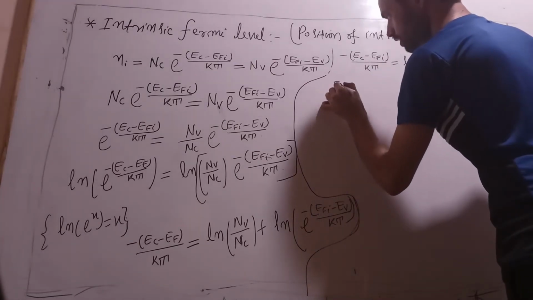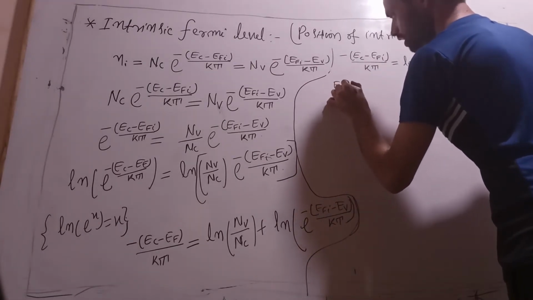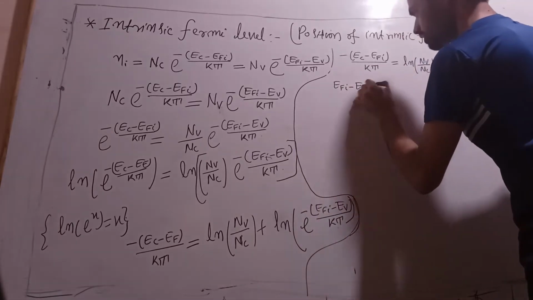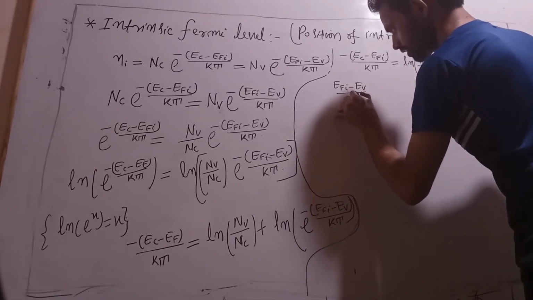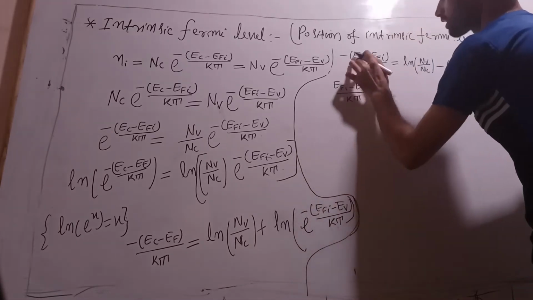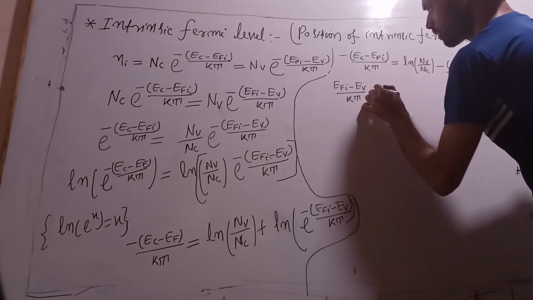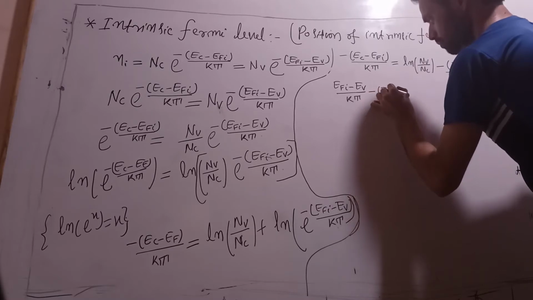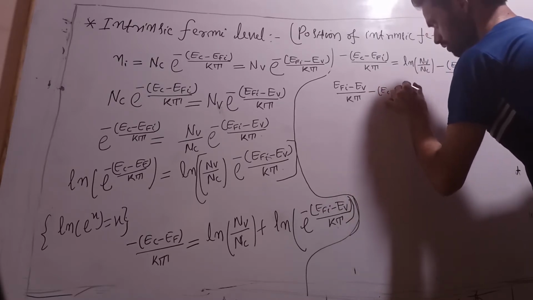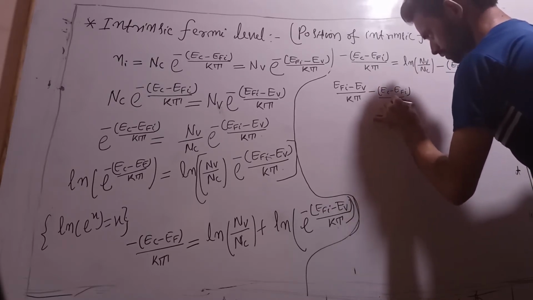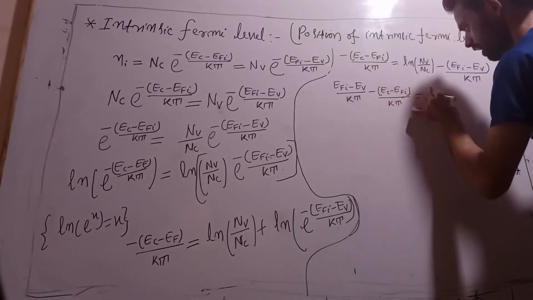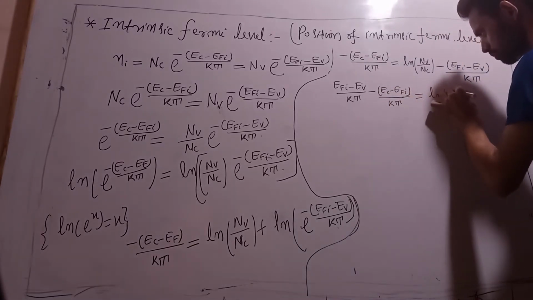So this is nothing but (Efi minus Ev) by kT, minus, this is my minus, Okay, so minus (Ec minus Efi) by kT is equal to ln Nv by Nc.